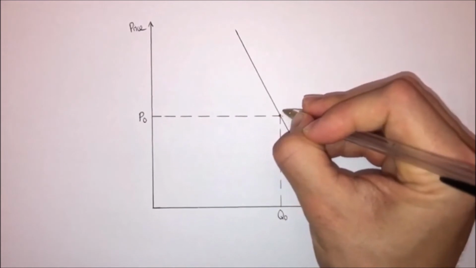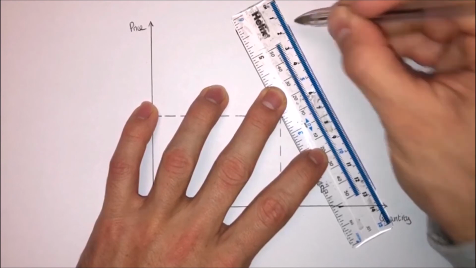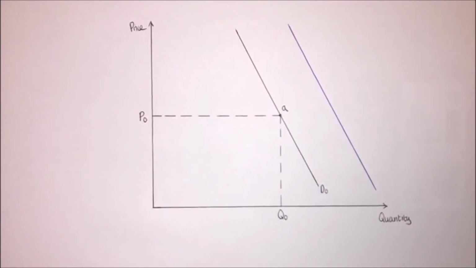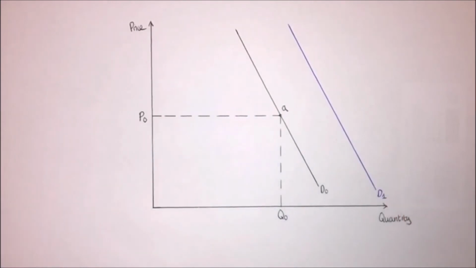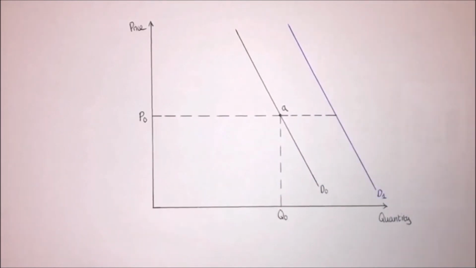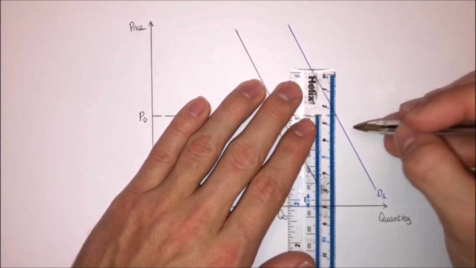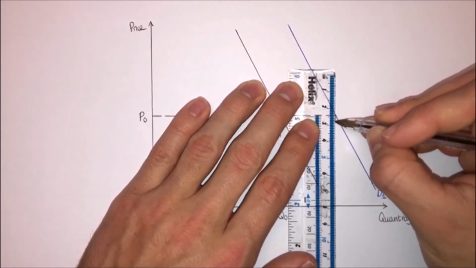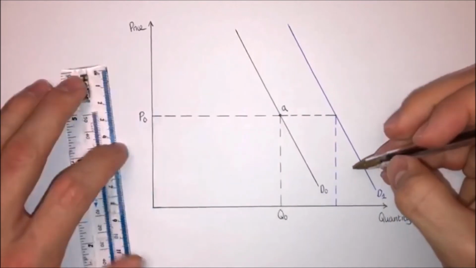So if we consider the increase in income that Joe just mentioned, this would actually cause a rightward shift in the demand curve from D0 to D1 on your screen. So at the same price level, P0, the quantity demanded has now increased from Q0 to Q1, which you can see as a shift from point A to point B on your graph.